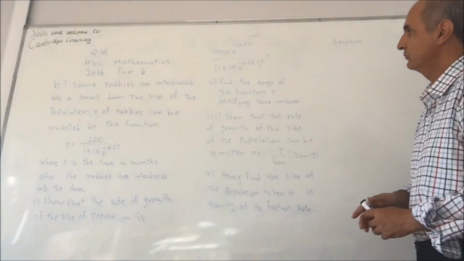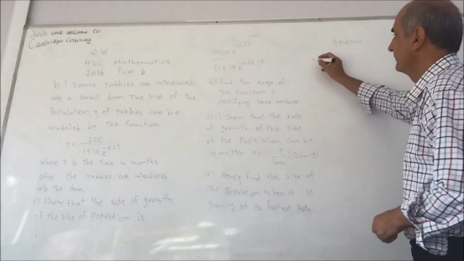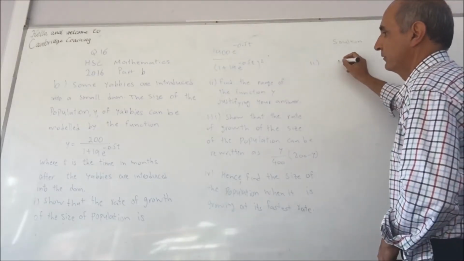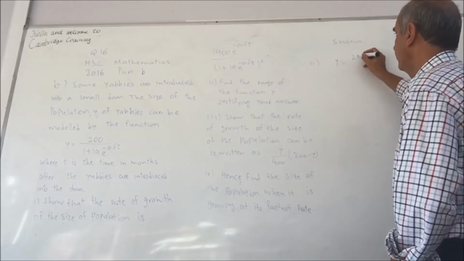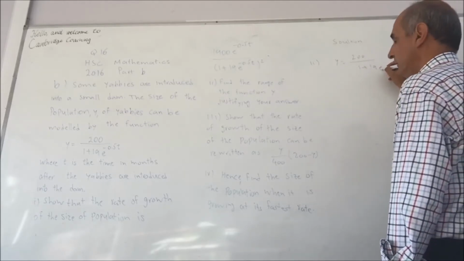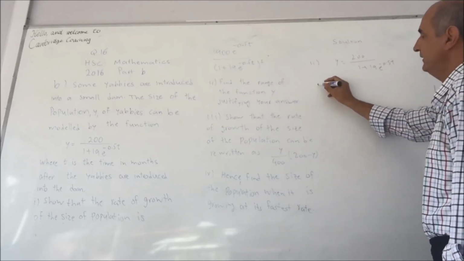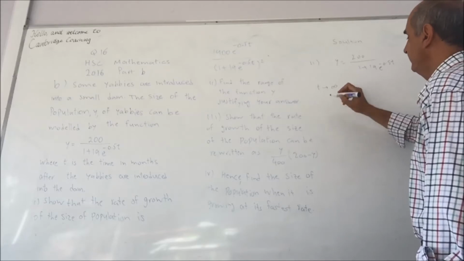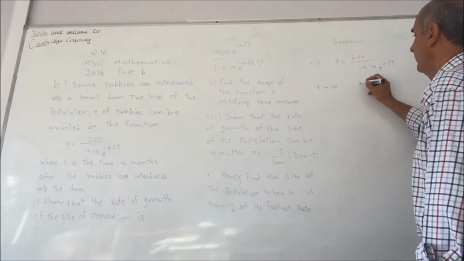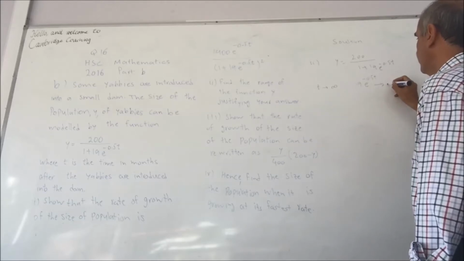And in part 2, find the range of the function by justifying your answer. So y is 200 over 1 plus 19 e to the minus half t. As t goes to infinity, 19 e to the minus half t goes to 0.